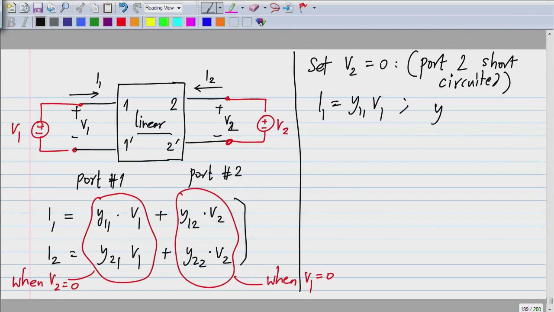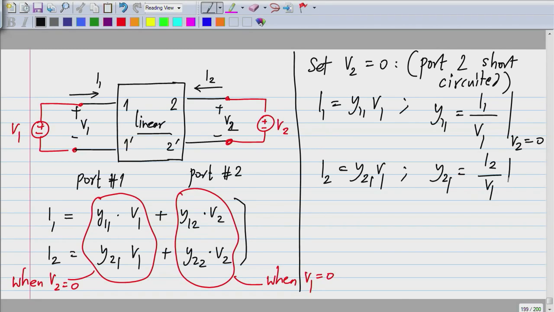So Y11 is nothing but I1 by V1 with V2 set to 0. Similarly I2 would be Y21 V1, and Y21 is I2 by V1 with V2 set to 0. So to measure Y11 and Y21, you have to apply V1, short circuit port 2 and measure the currents in port 1 and port 2.